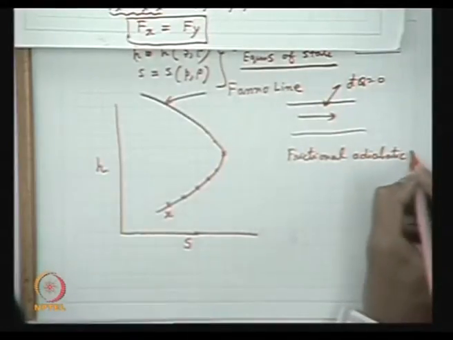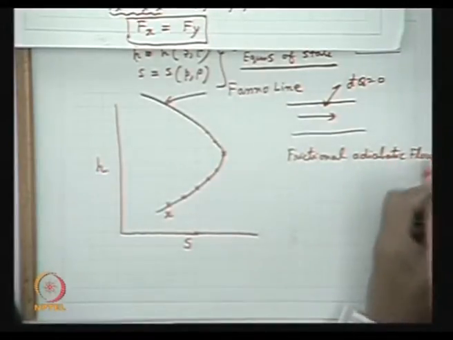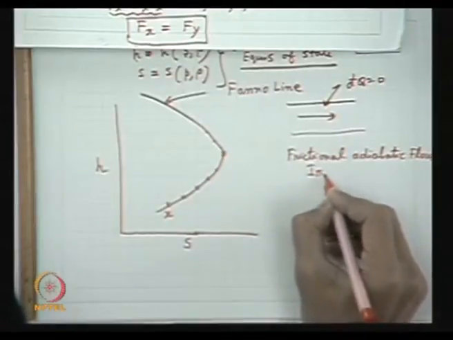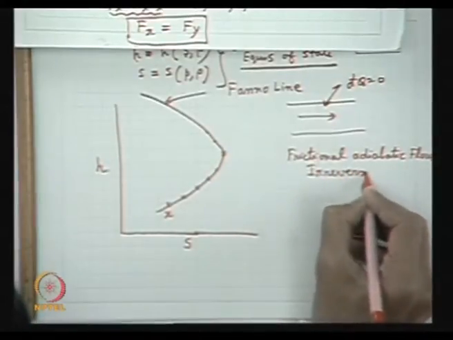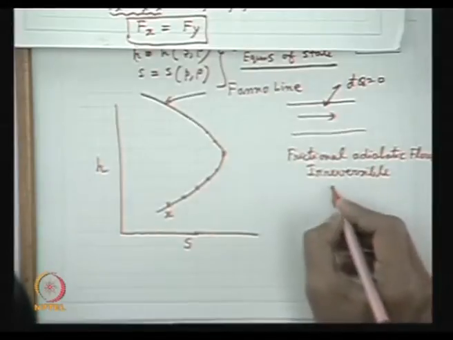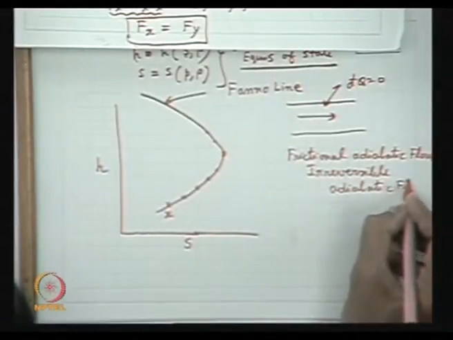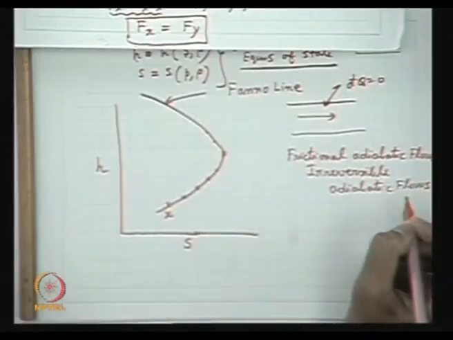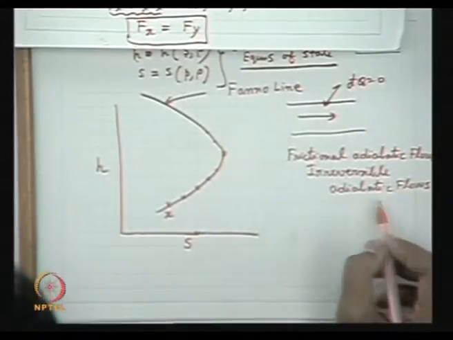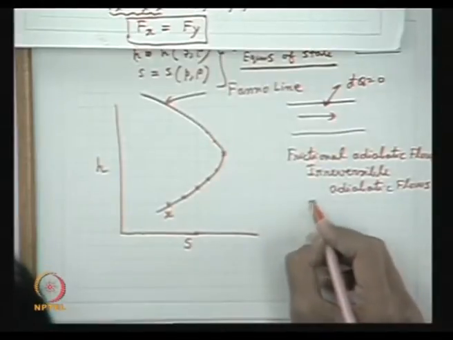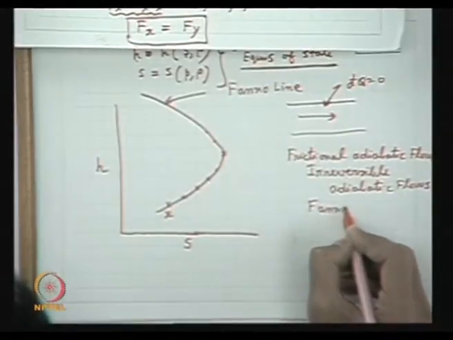These are not isentropic flows; they are frictional adiabatic flows or irreversible adiabatic flows. These flows are irreversible with friction but no heat transfer. These flows are known as Fano line flows.